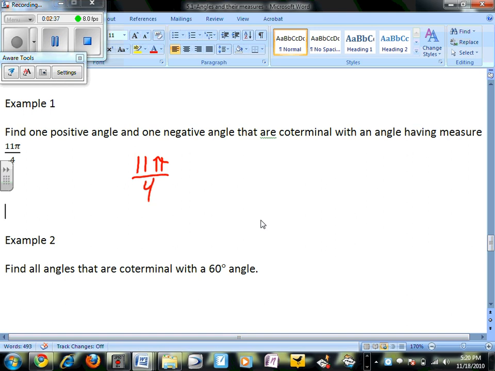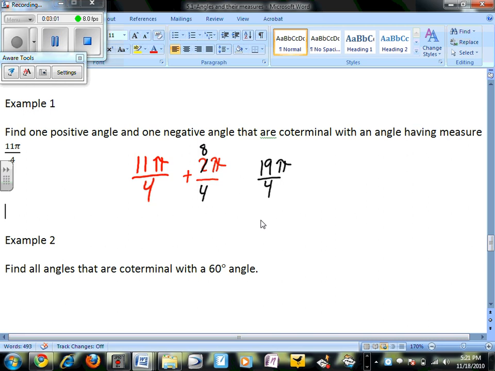So we could add 2 pi to it. Just like adding fractions, we'll get a common denominator of 4. Make this an 8, so we'll actually add 8 pi. So 19 pi over 4 would be coterminal to 11 pi over 4. So it's just going around in a circle.